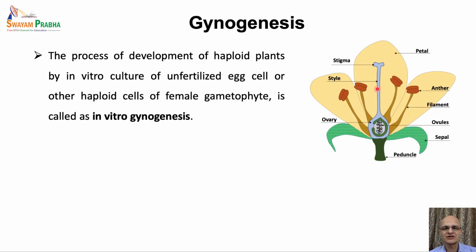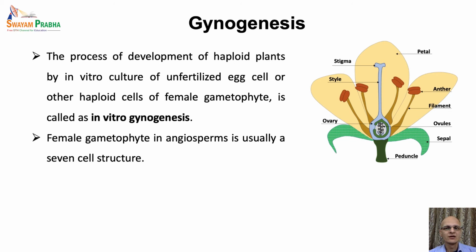A stalk-like structure above the ovary is called the style, and the uppermost part, which is sticky and can have different shapes in different flowers, is called the stigma. The pollen usually lands on the stigma and germinates here. The mature female gametophyte in an angiosperm flower is usually a 7-cell structure organized in a specific arrangement.